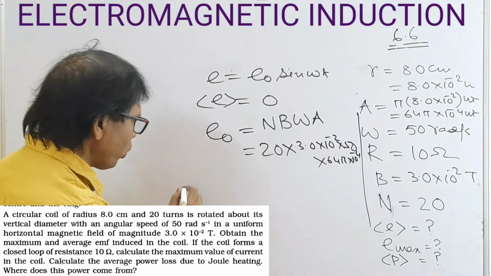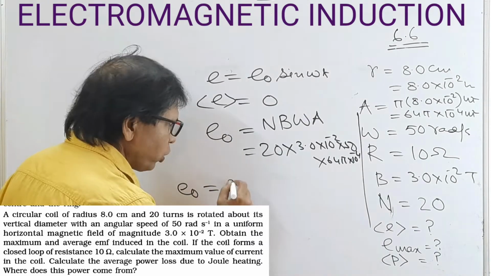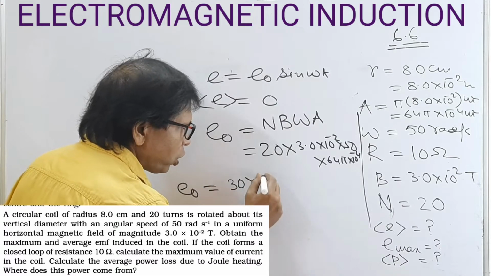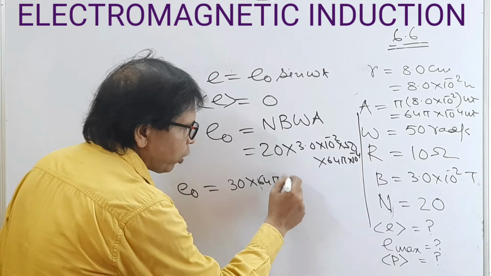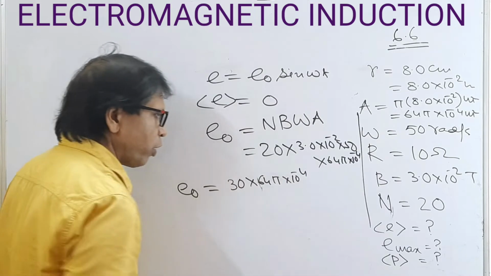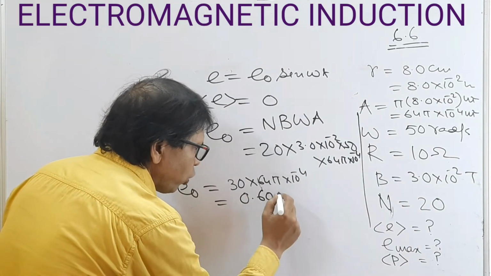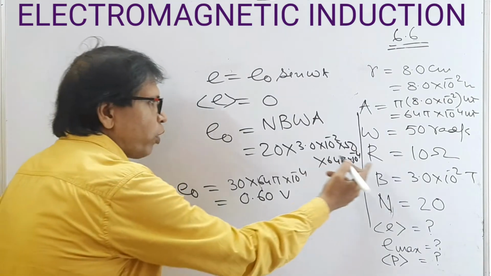So E naught equals 30 into 10 into 64 pi into 10 to the power minus 4, which is 0.60 volt.